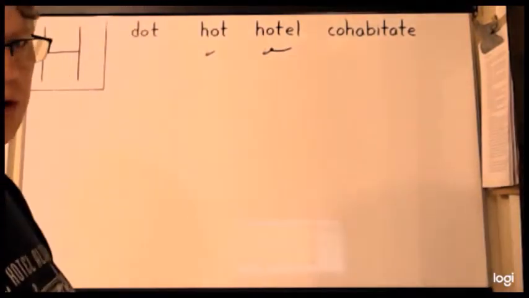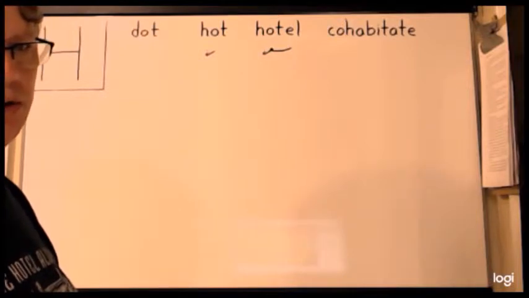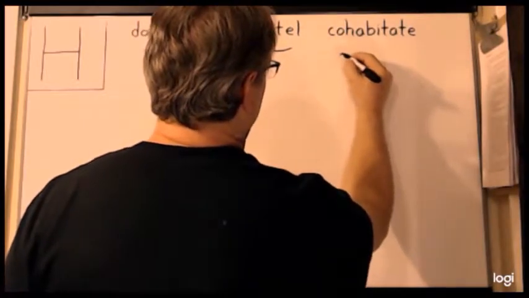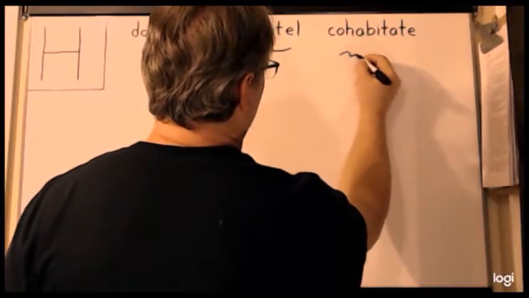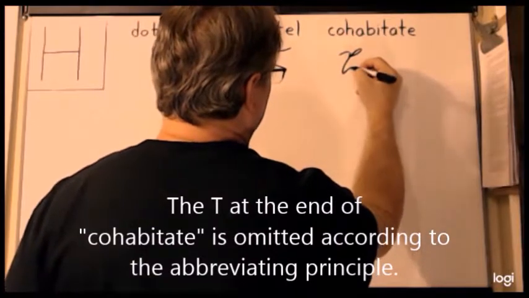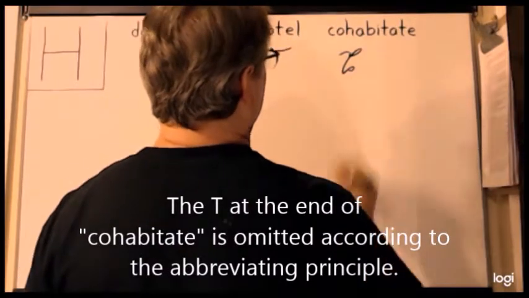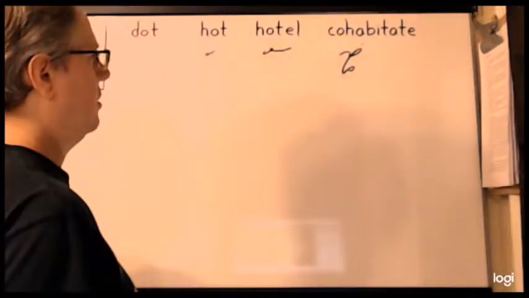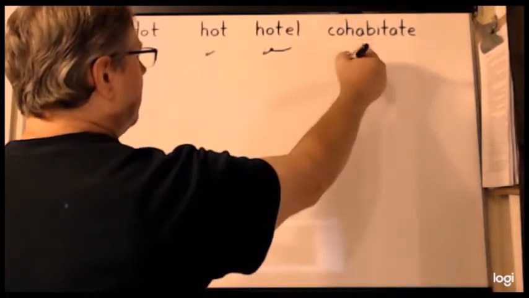For the word cohabitate, we'll put the H in the middle of the word. So this is the K sound, the O, the A, the B, T, A, and the H above the A, and cohabitate.